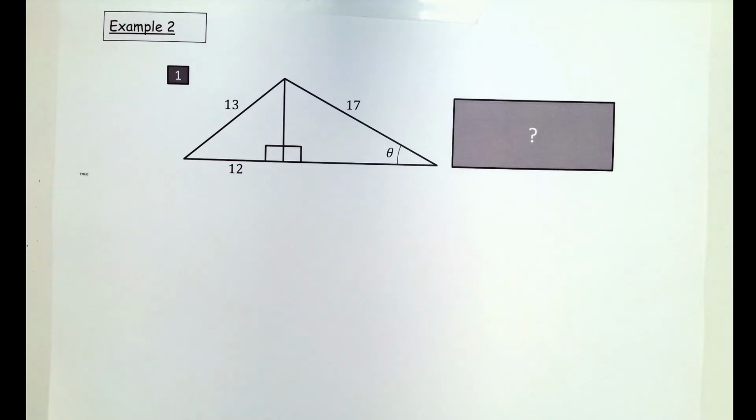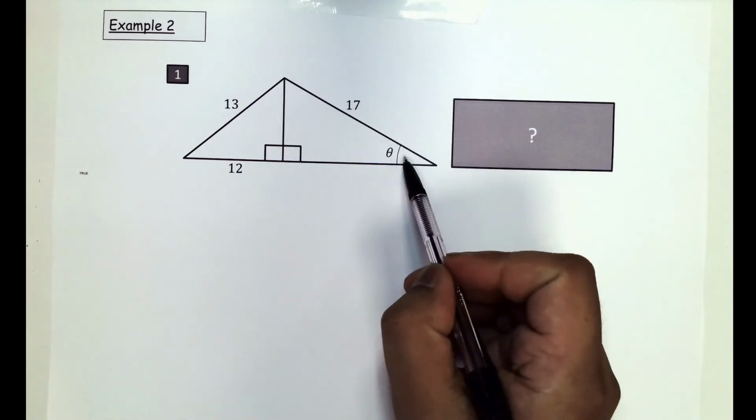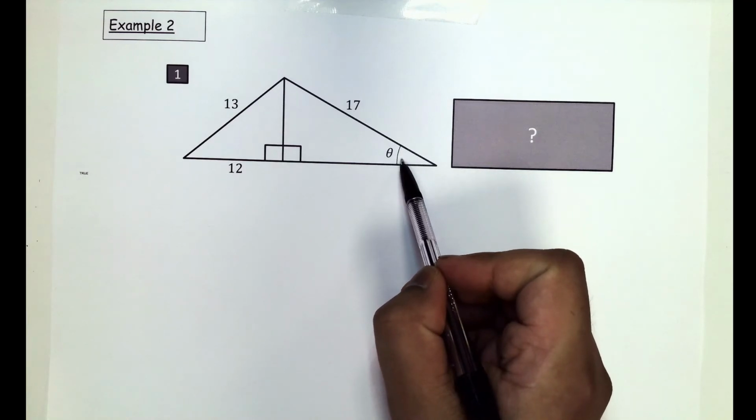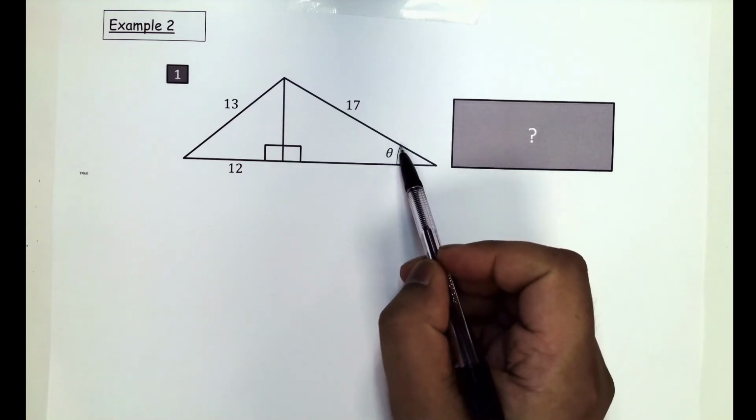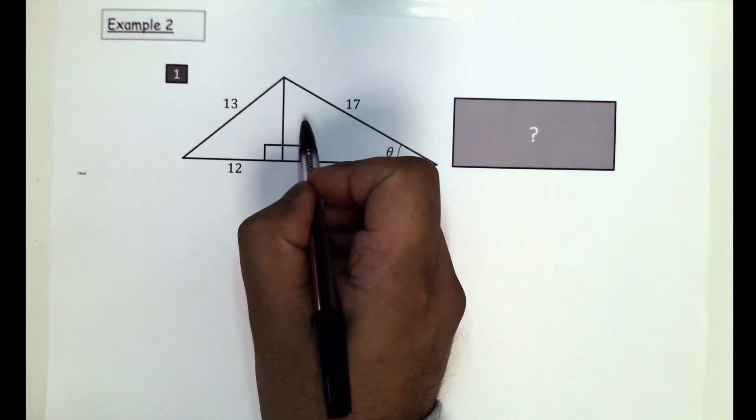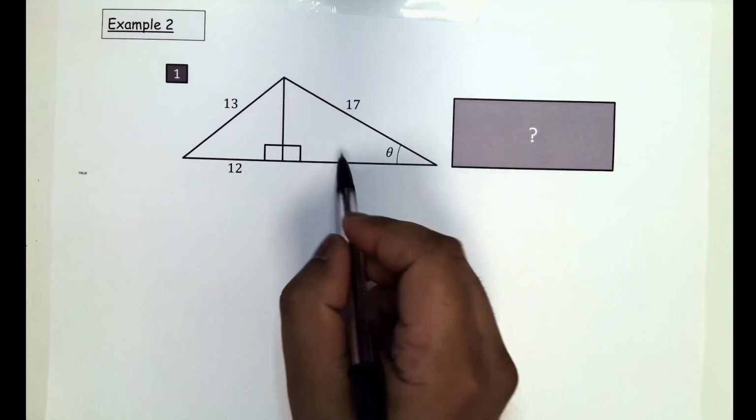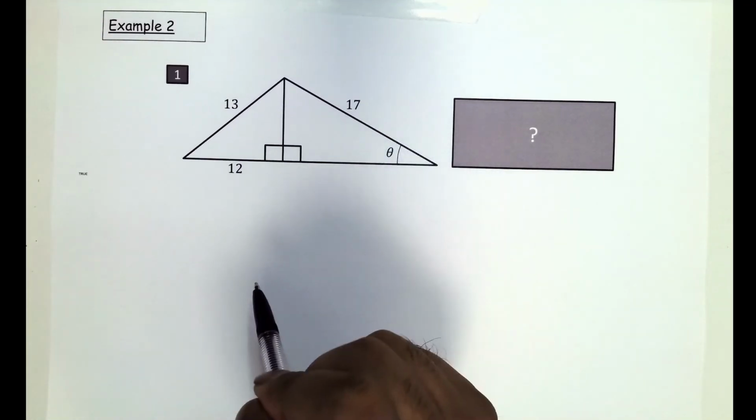Here's example 2. Let's have a look at this. Here we have a set of two triangles once again, but there is a slight difference. I want to work out this angle here, but I don't have enough information to work that out straight away.